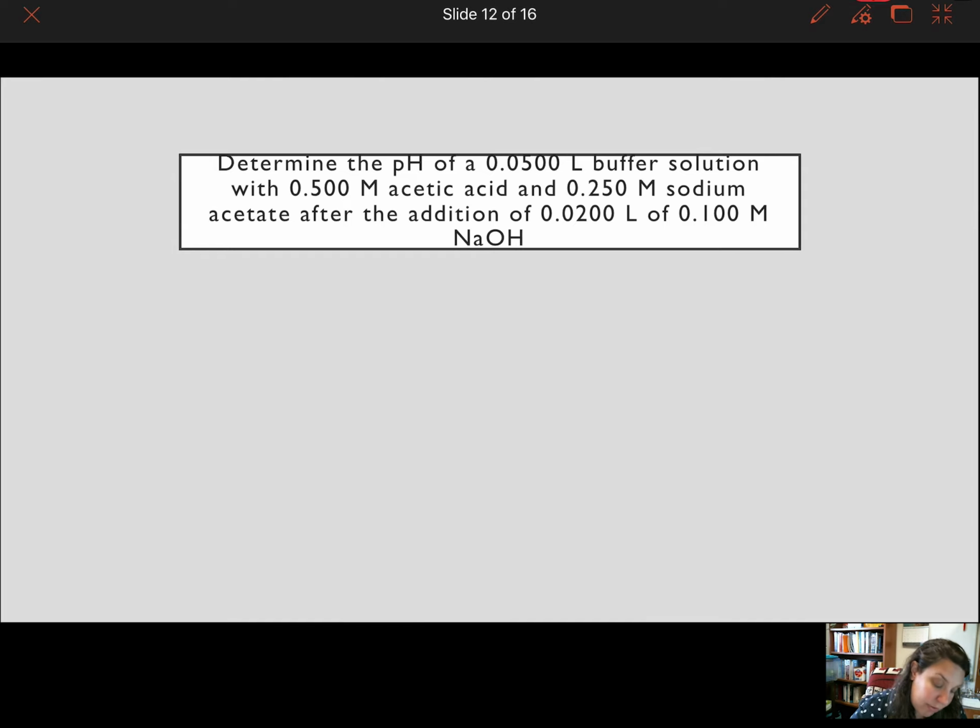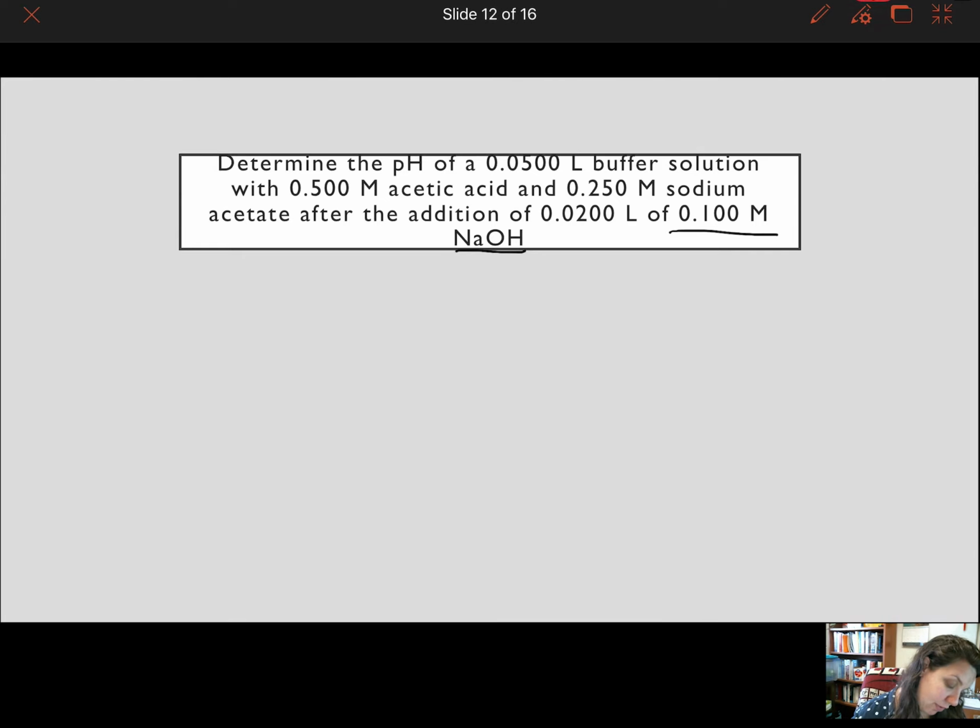In this particular example, we are adding in sodium hydroxide. That's a strong base. As such, it's going to react with the acid portion of our buffer. So we're going to do the BCA table with the reaction of our weak acid with our base to produce our conjugate. And then with those concentrations, we can put it into our Henderson-Hasselbalch.